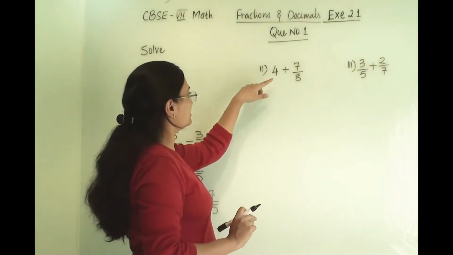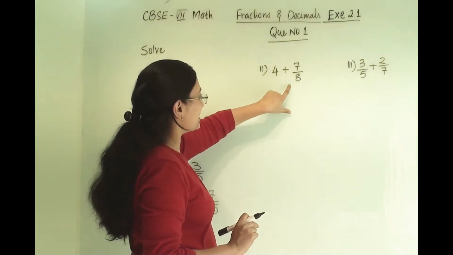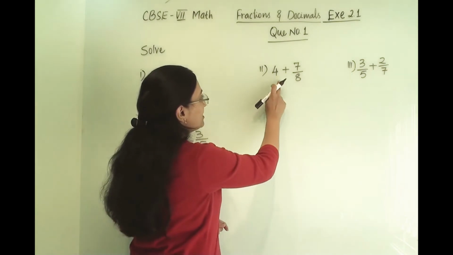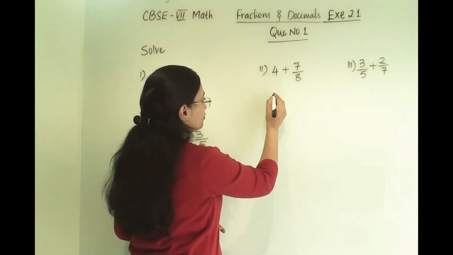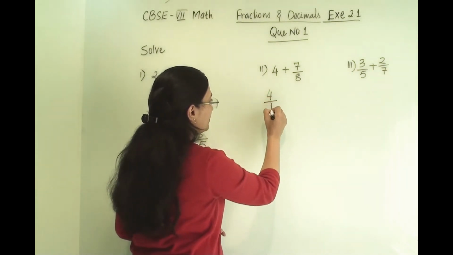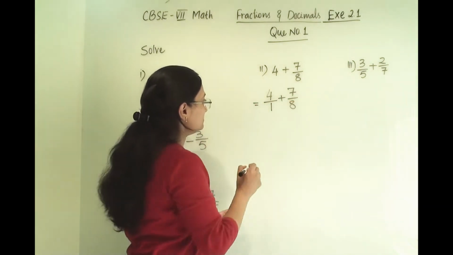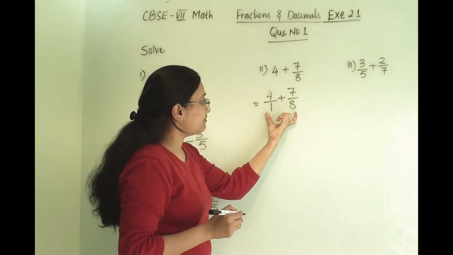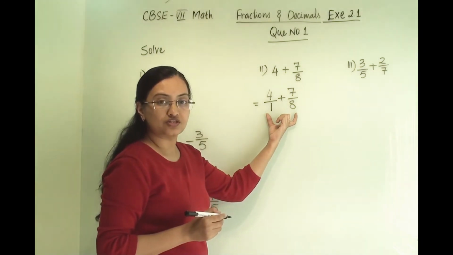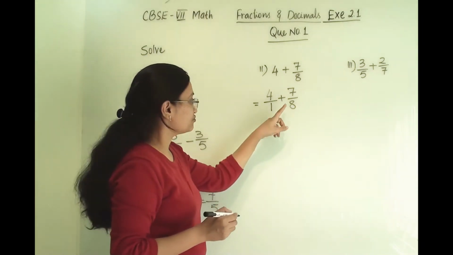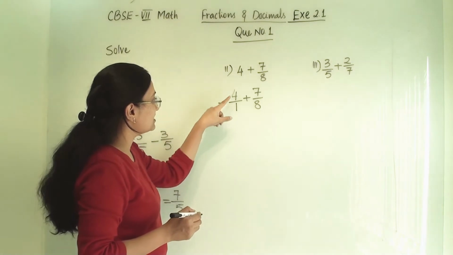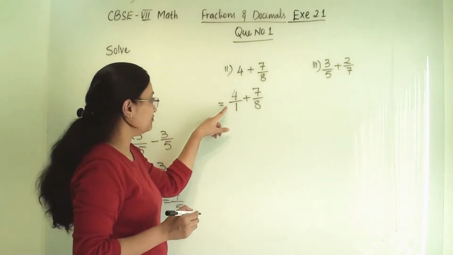Second numerical. This is 4 plus 7 by 8. Here also there is no denominator for 4, so we can put 4 by 1 plus 7 by 8. Now we have to change these 2 fractions into like fractions. So we will multiply this 8 with 4 and with 1.